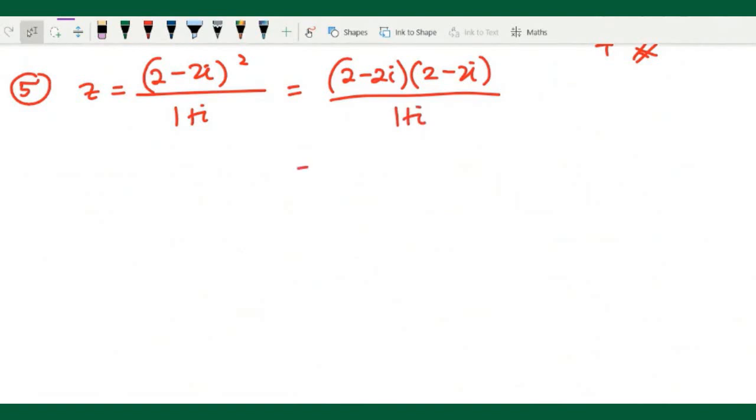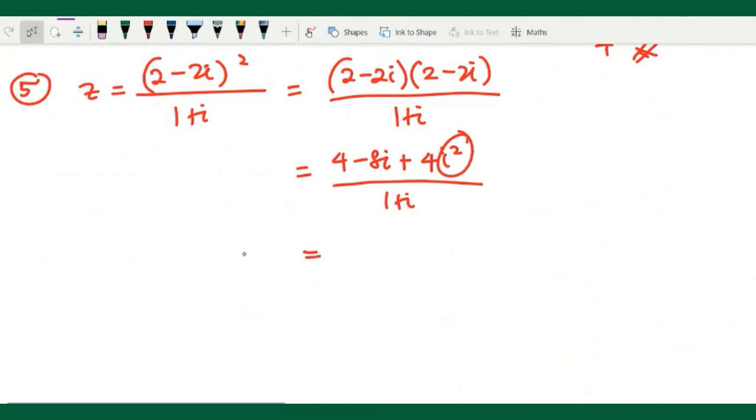Okay, multiply 4 minus 4i minus 4i plus 8i lah. Minus 8i. Lepas tu plus 4i square over with 1 plus I. So i square negative 1.